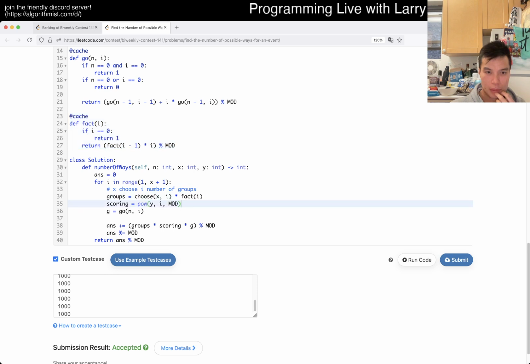Number of groups, and then the Stirling numbers of non-empty sets. That took me a while to get. Actually, it used to be one of my favorite sequences. It comes up a lot in competitive programming, or used to be anyway.